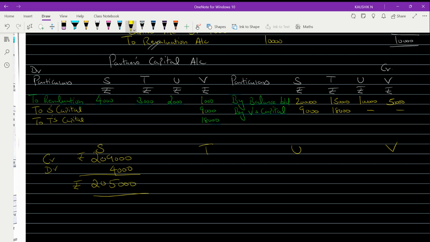Similarly, calculate for partner T: 1 lakh 50 plus 18, that means in the credit you will have an amount of rupees 1 lakh 68,000. How much do you have in the debit? The difference is 1 lakh 65,000.